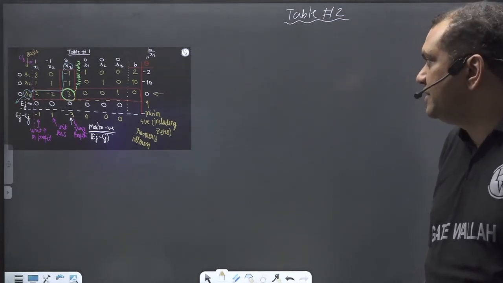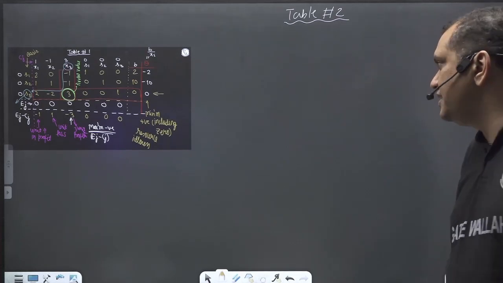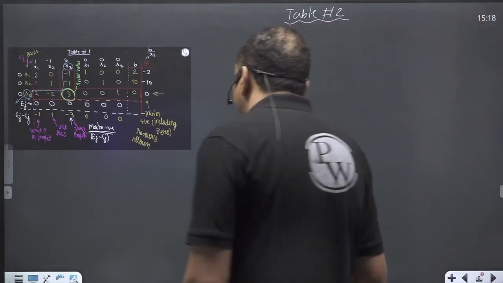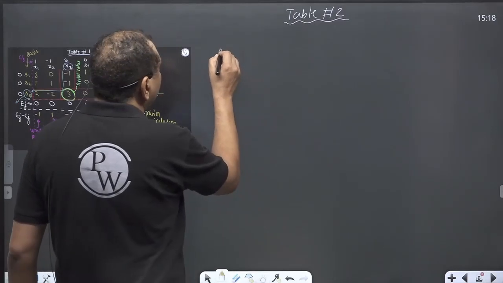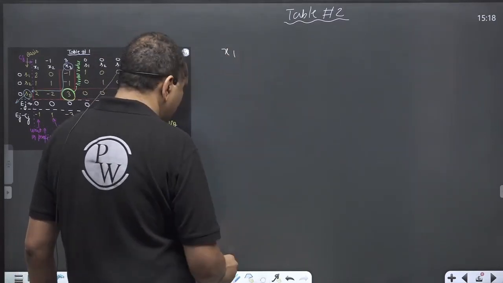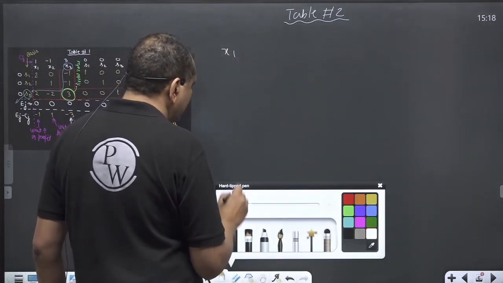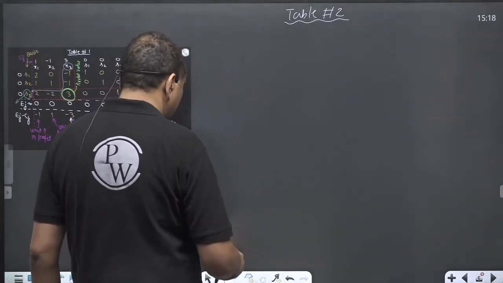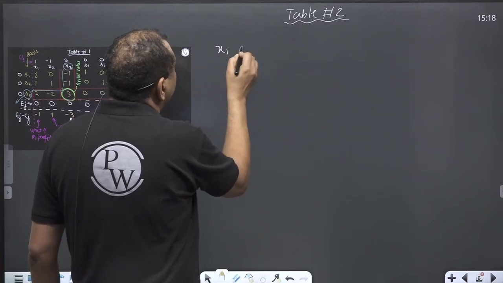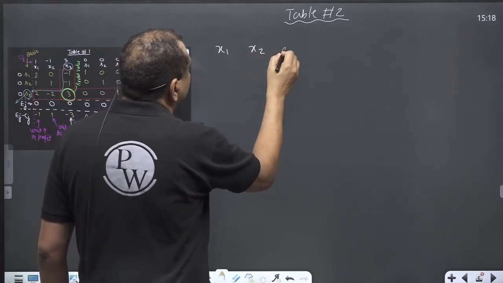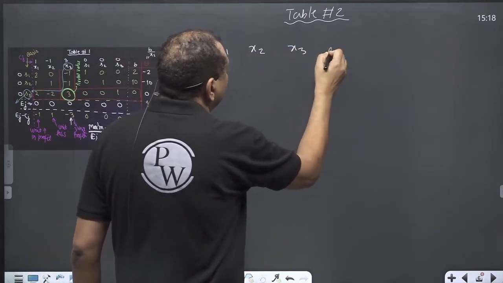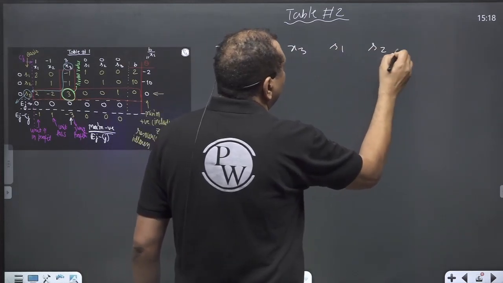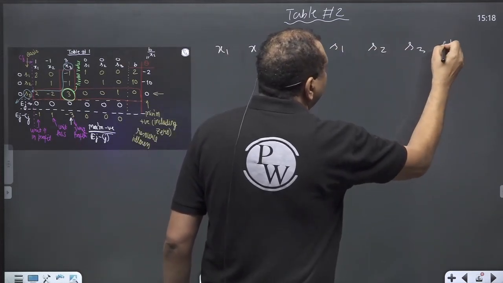S3 is leaving the basis and X3 is entering into the basis. So again make the table: X1, X2, X3, S1, S2, S3, B.